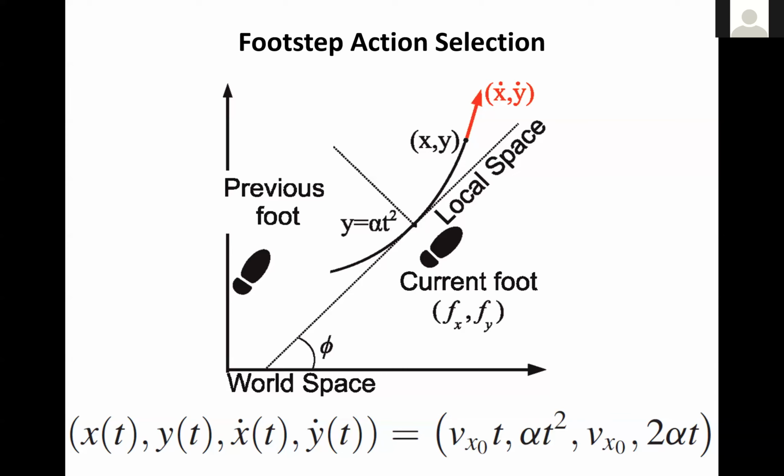Researchers have found that this movement very closely resembles the movement of the center of mass of a humanoid as it transitions from one support foot to another support foot.